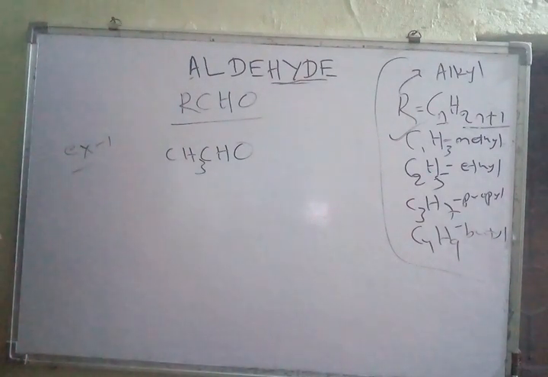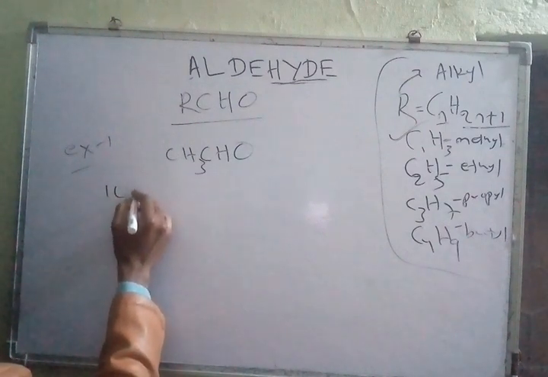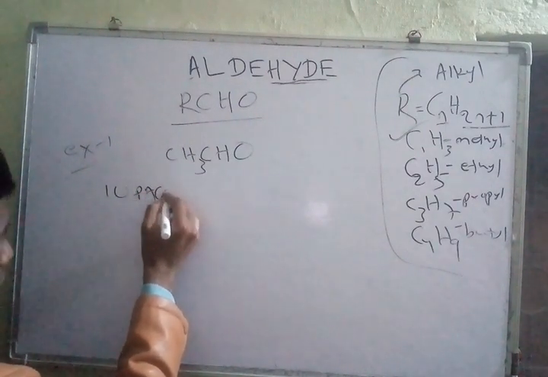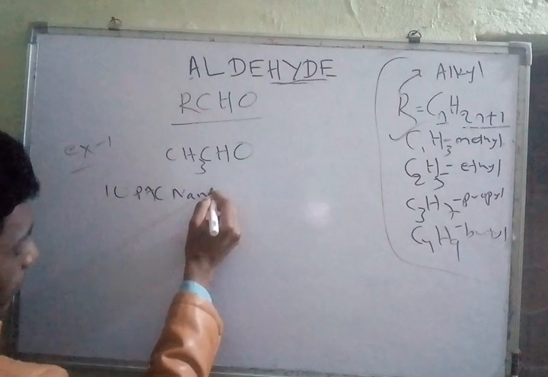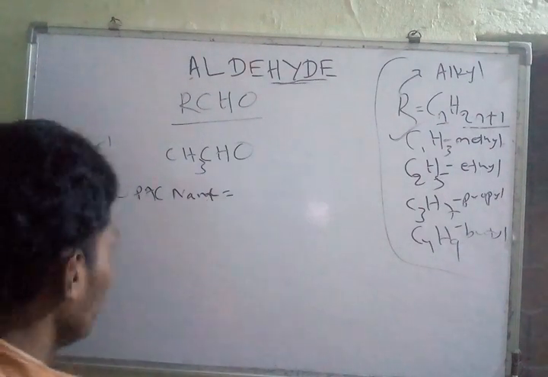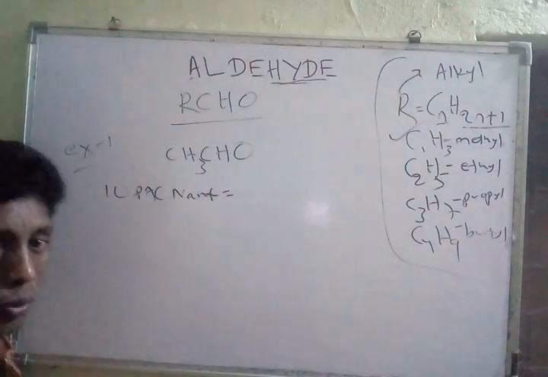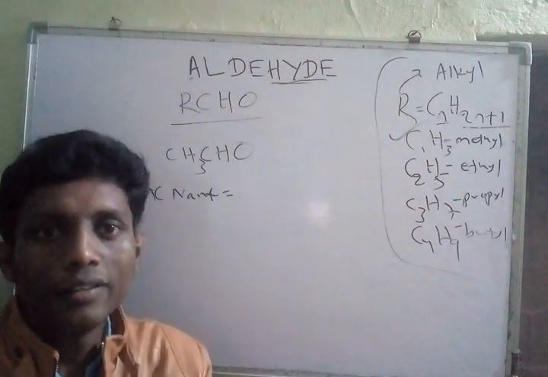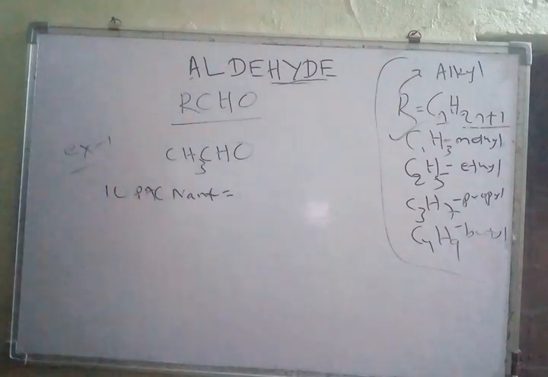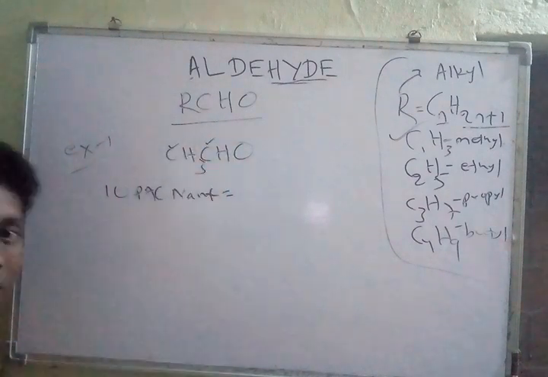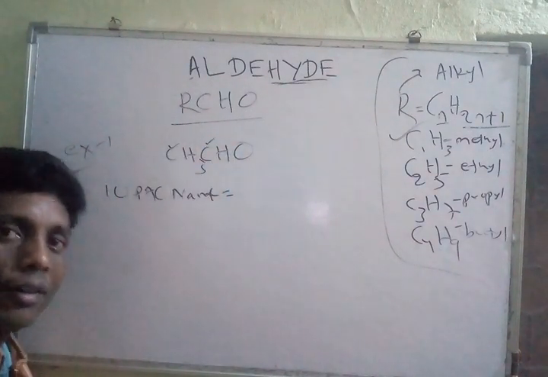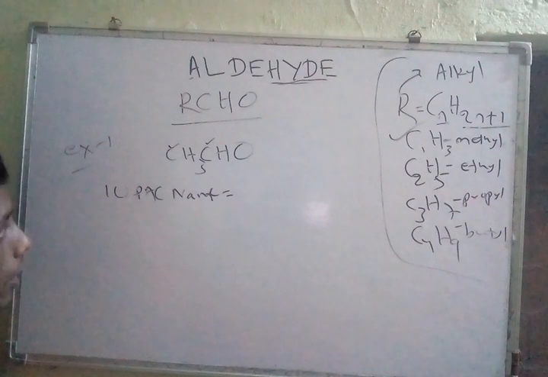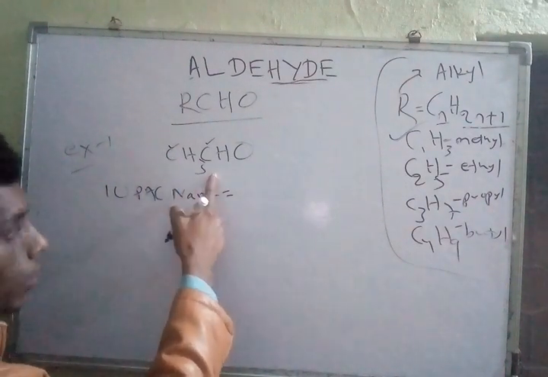How to name this compound by IUPAC name? First of all, you have to count the total number of carbon atoms present in this compound. Here carbon 1, carbon 2. There are two carbon atoms in the given compound.